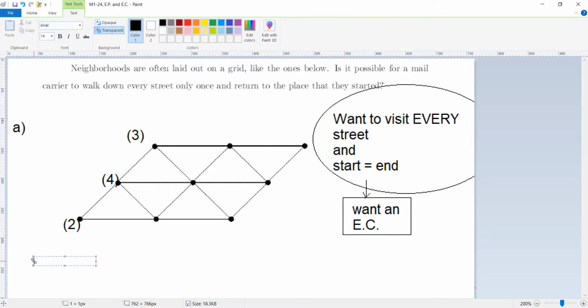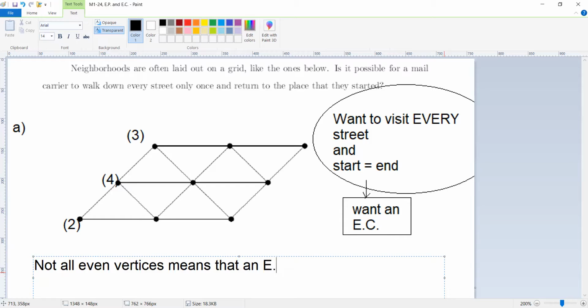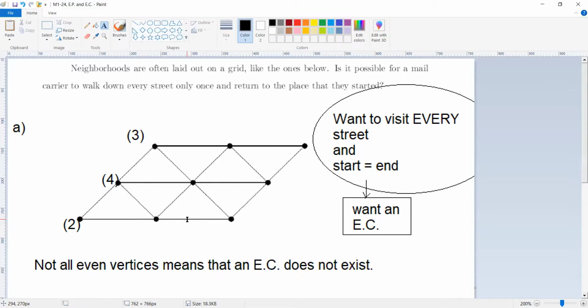So it's not all even, which means there is not an Euler circuit. So the answer would be no, they cannot do that.